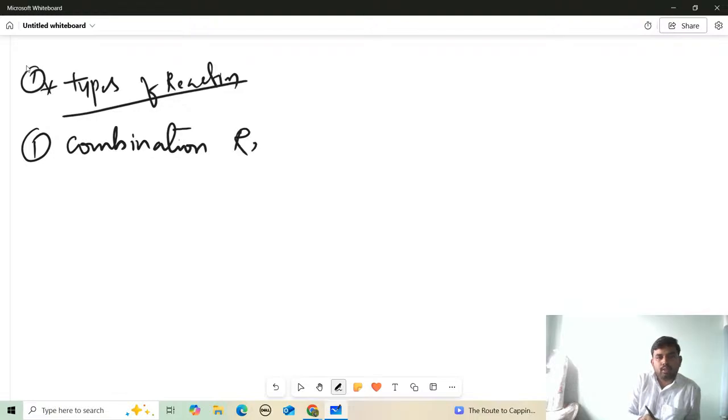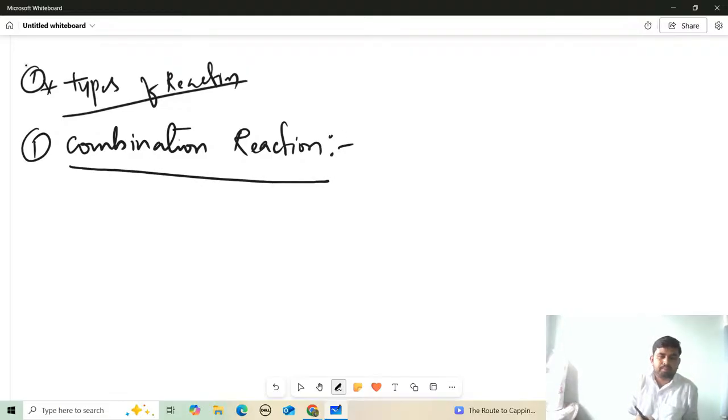In this combination reaction, remember here there is a reactant A combined with reactant B, which gives rise to the product AB. So you can see here two or more reactants.